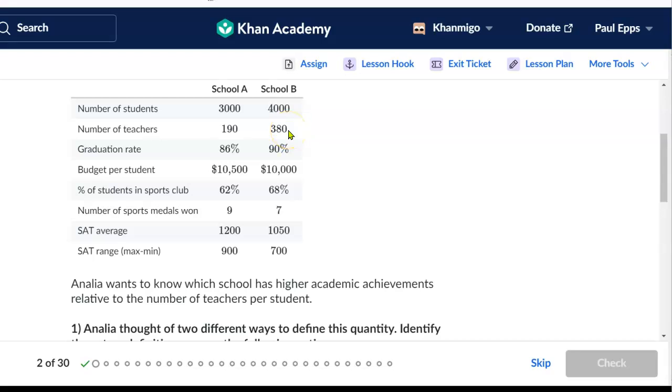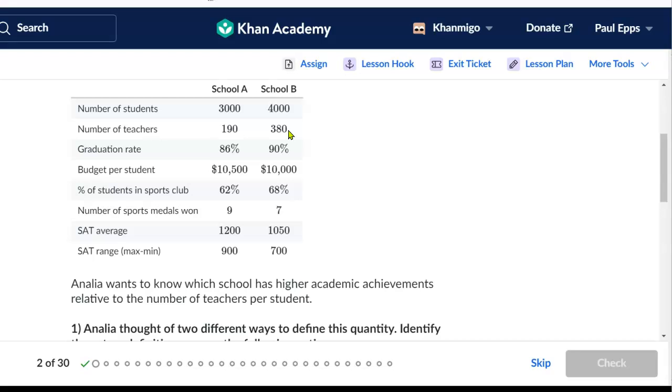School B has a lot more teachers per student. They have twice the number of teachers and 1/3 more students. The graduation rate is higher, but it's not that much higher.